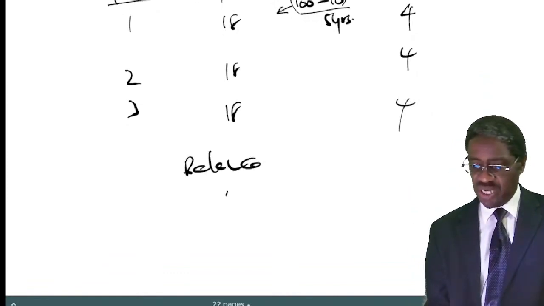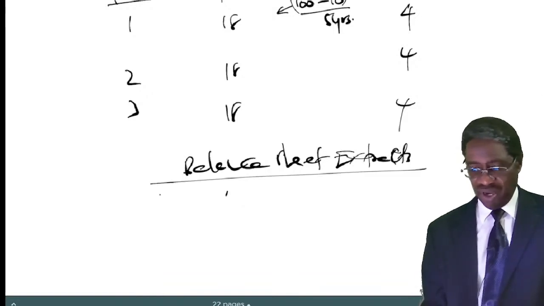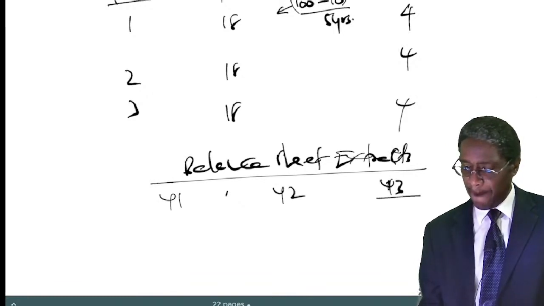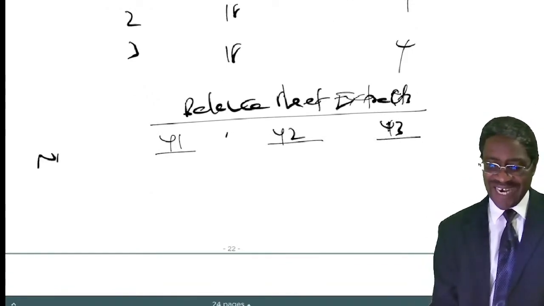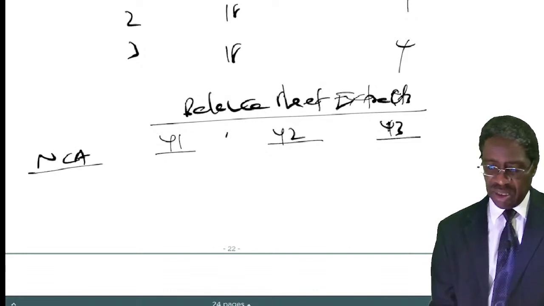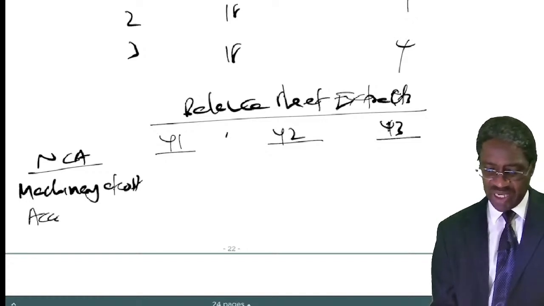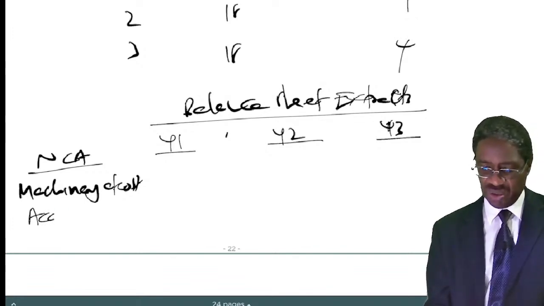Come and see your balance sheet extracts. Have a column for year 1, year 2, year 3. Then among the non-current assets, there you will have machinery at cost. Then you have accumulated depreciation.